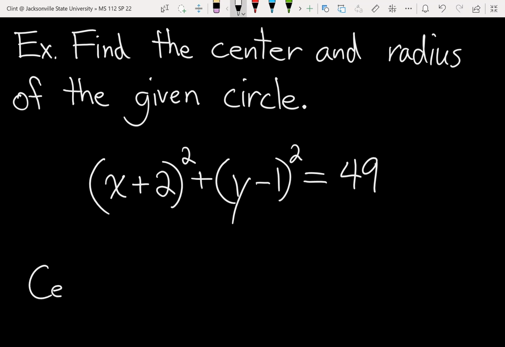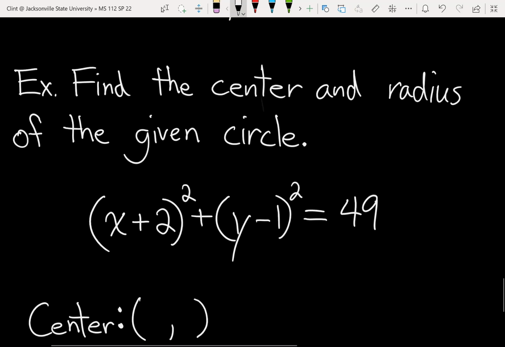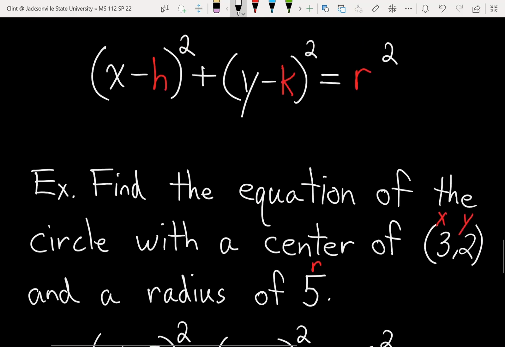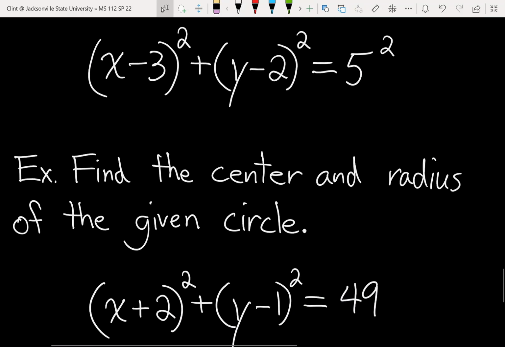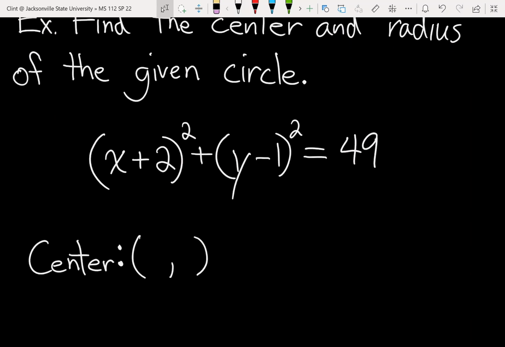For the center, we're going to have a point, x comma y. The thing to be a little careful of is that if we look back at our standard form, it says for the center it's x minus h and y minus k. So to figure out the coordinates here, we really want it to be subtracting something.